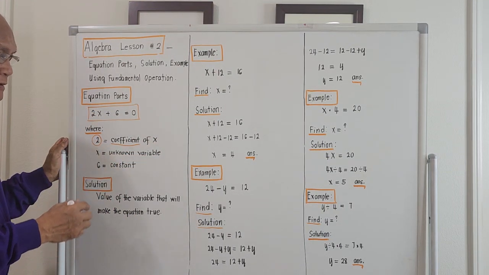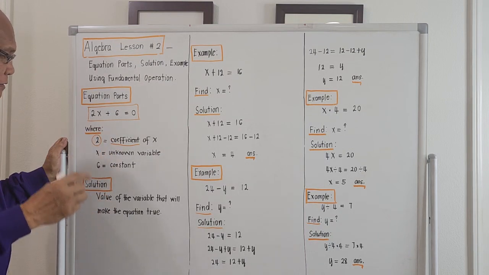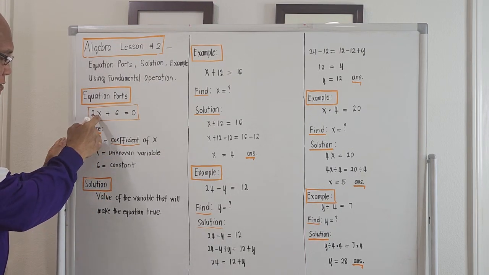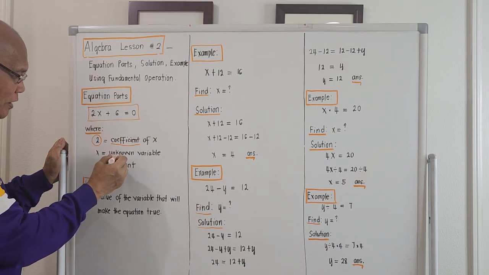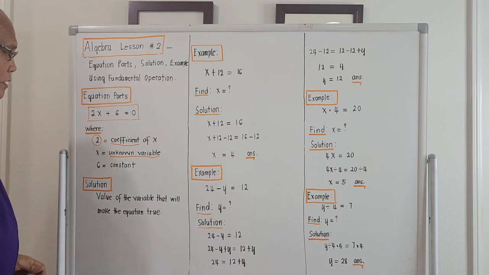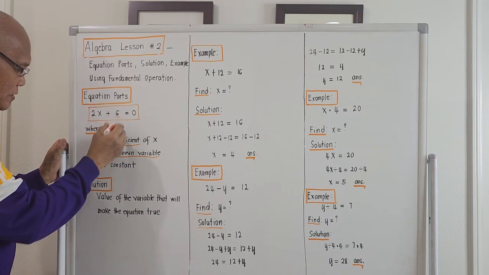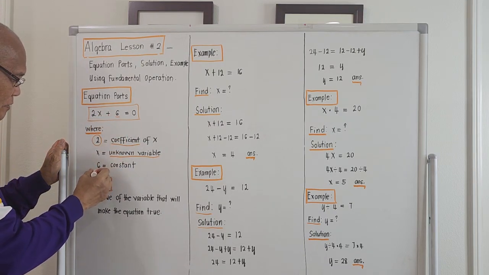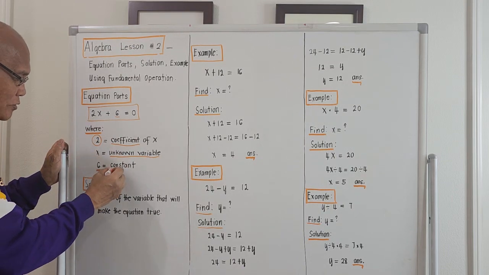The other part of an equation is the unknown variable. The unknown variable is actually x. So if you see an x over here, we call that the unknown variable. The third one is this 6 here. We call 6 a constant.